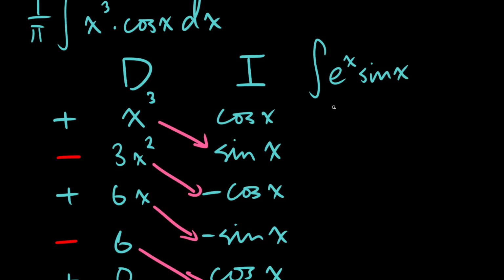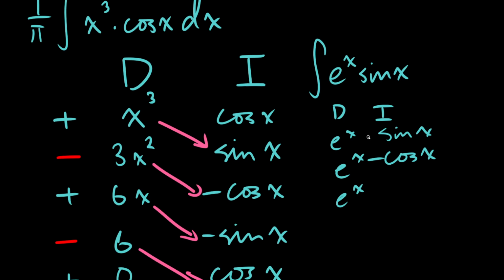If you were to try, it doesn't matter which one you pick, D or I, these ones would cycle around forever because e to the x won't ever go to 0. And integrating sine x and then negative cosine x and so on, neither of these will hit 0.